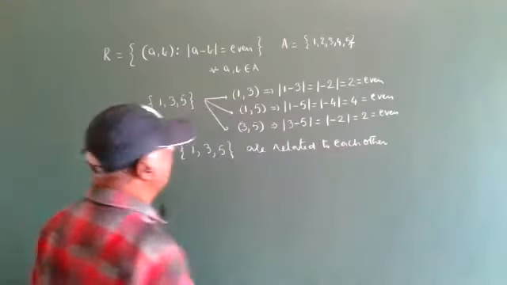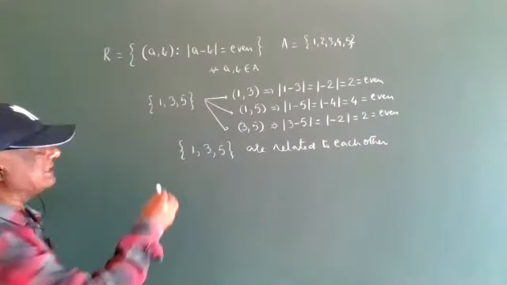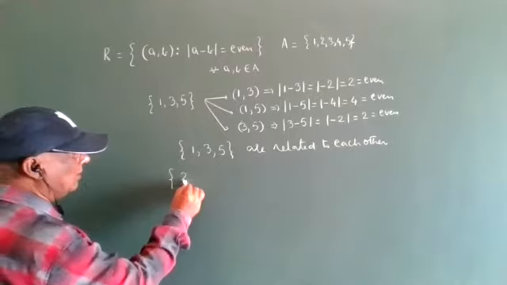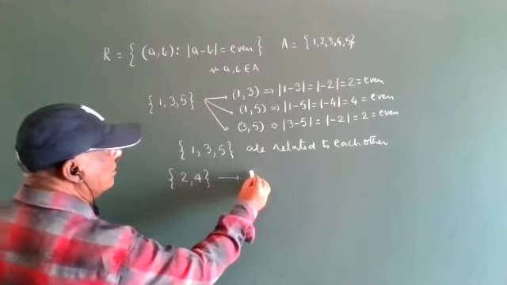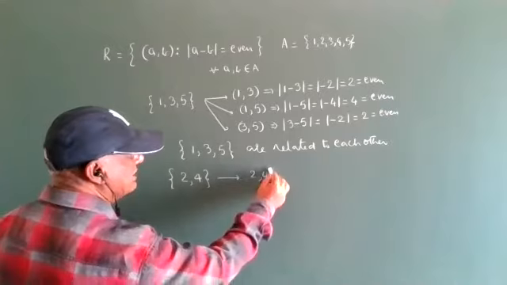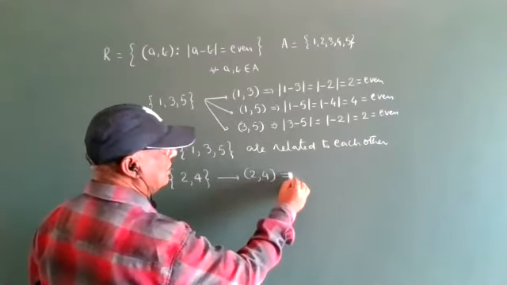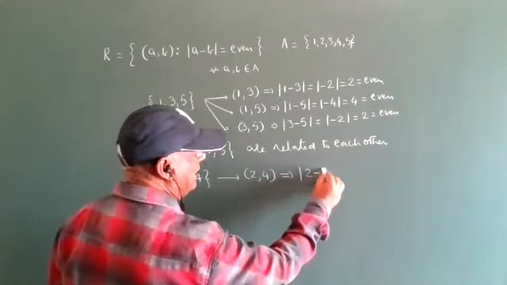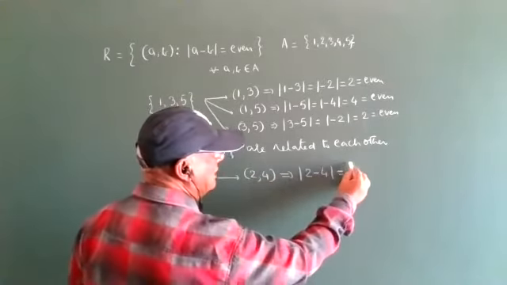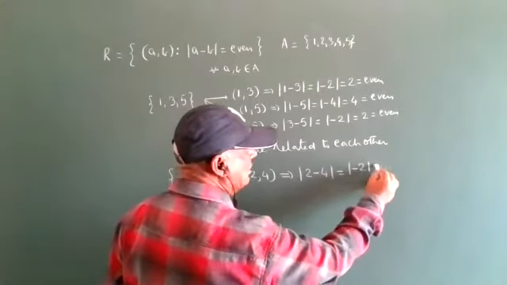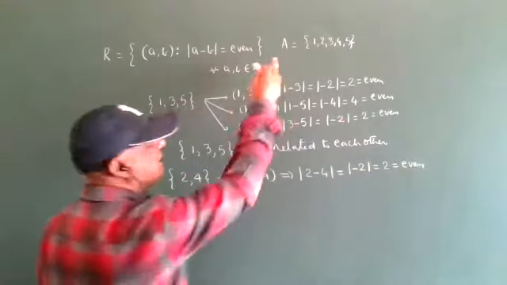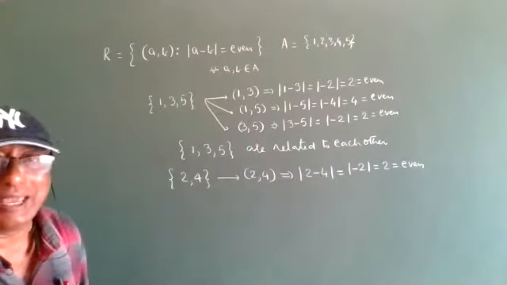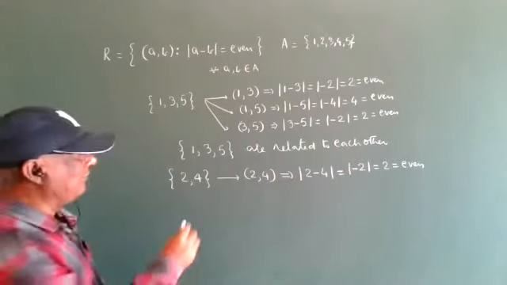Next, another set is given: 2 comma 4. I take the elements 2 and 4. The modulus of 2 minus 4 is the modulus of minus 2, which is 2, an even number. These two elements also follow the same rule.